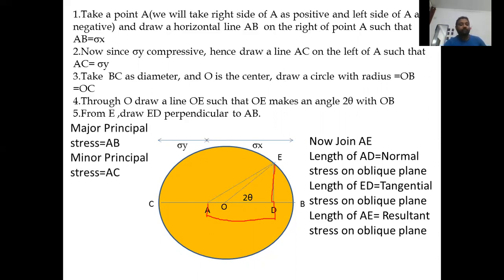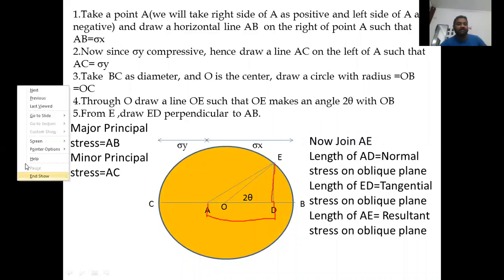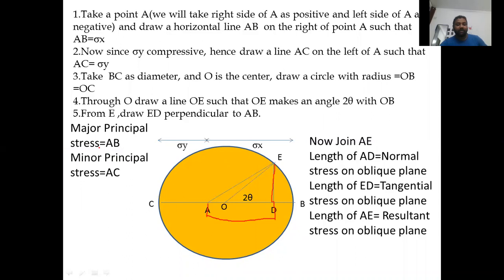Now, major principal stress and minor principal stress. Again, what is principal stress? Principal stress is the normal stress acting on the principal plane. Now, what is the principal plane? The principal plane is the plane at which the shear stress is 0. Now, look at this diagram.